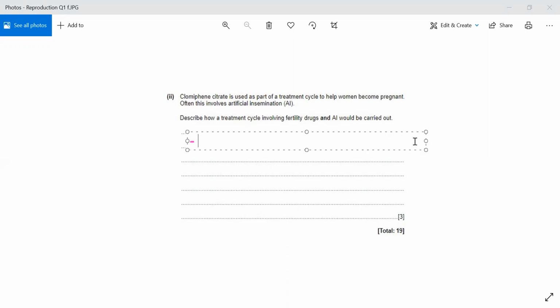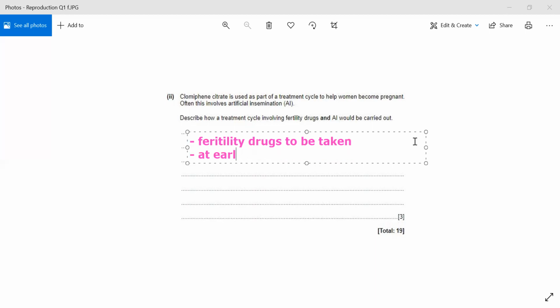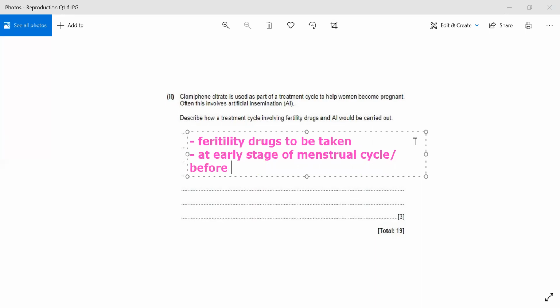So first of all, fertility drugs are to be taken at the early stage of the menstrual cycle, or you can say before ovulation.